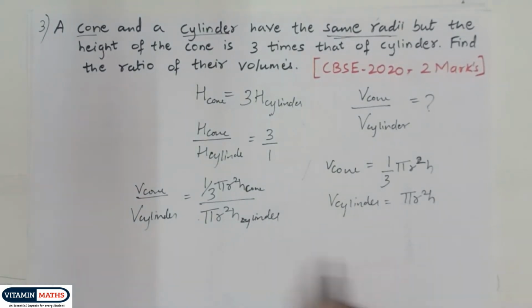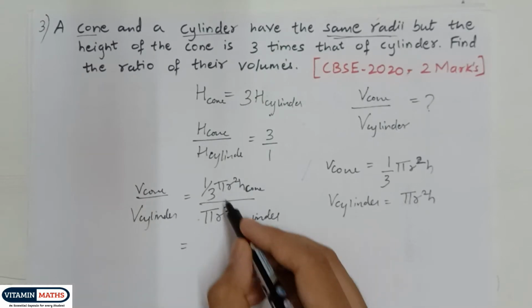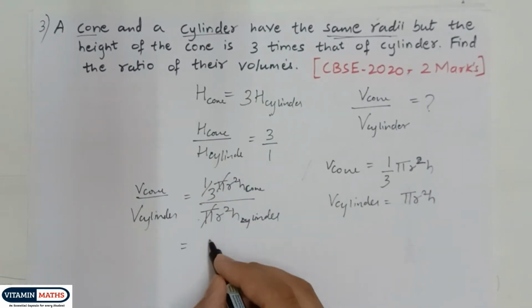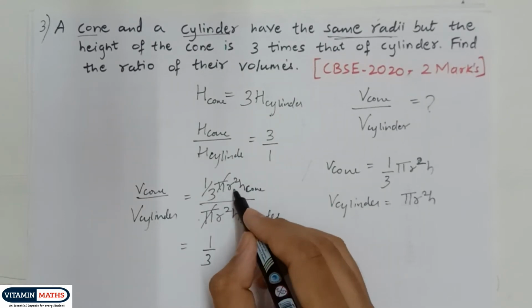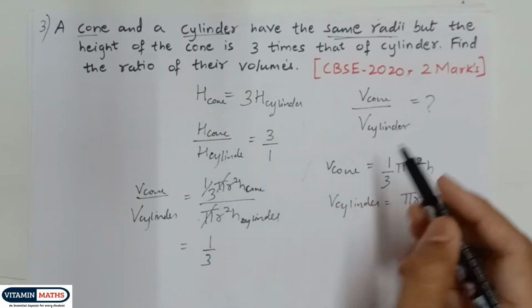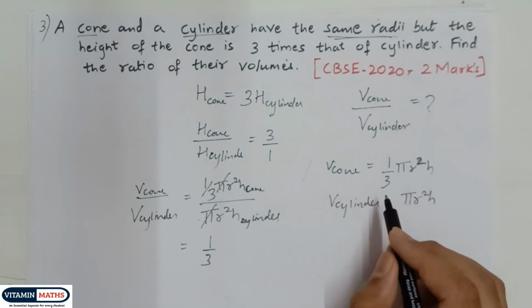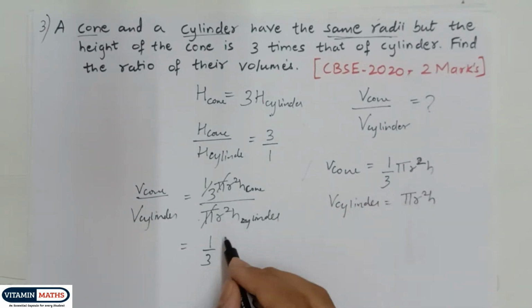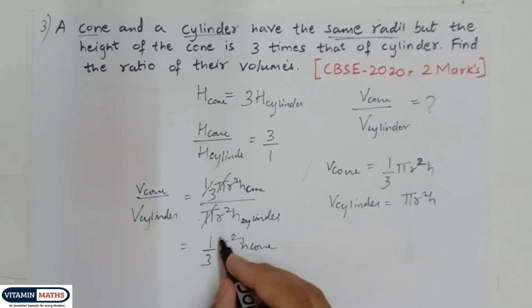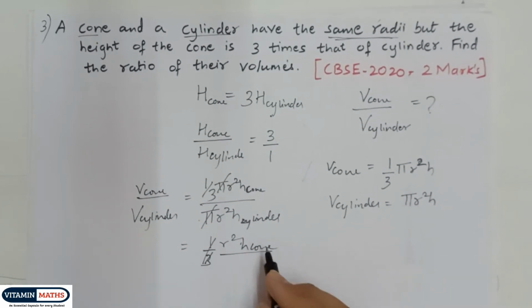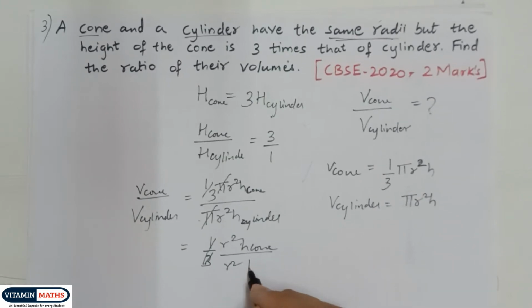Pi gets cancelled, so 1/3 remains, r square into height of cone, and r square into height of cylinder.